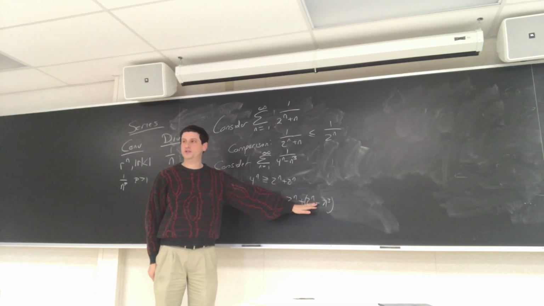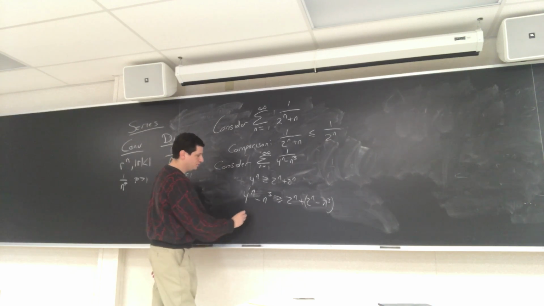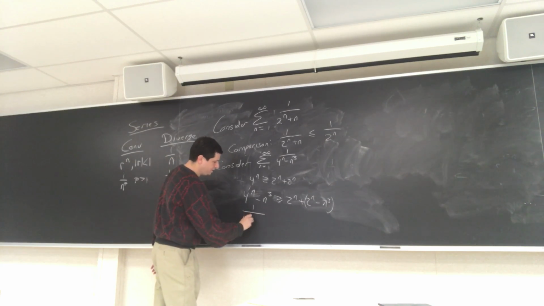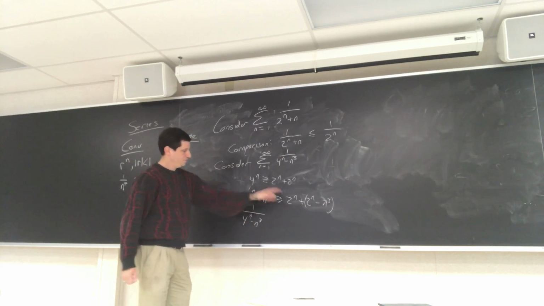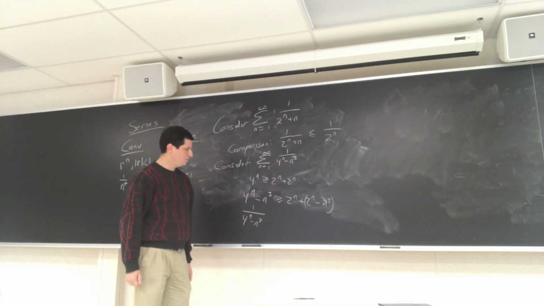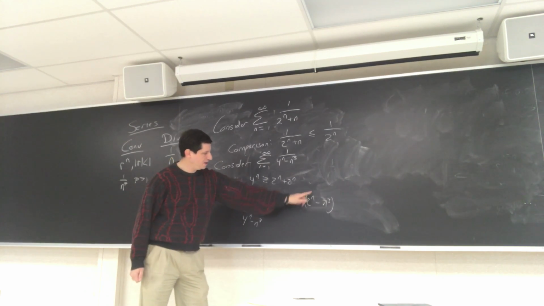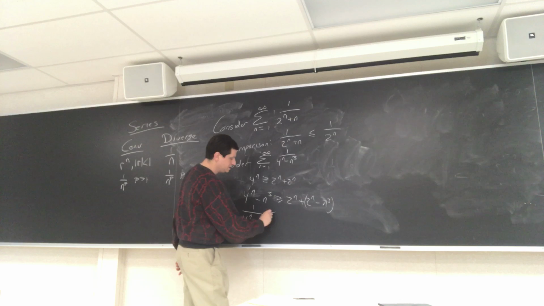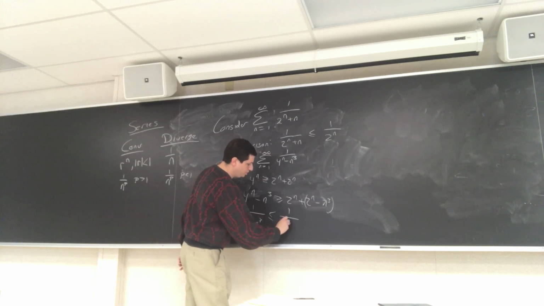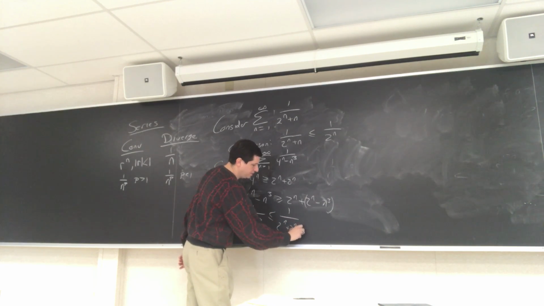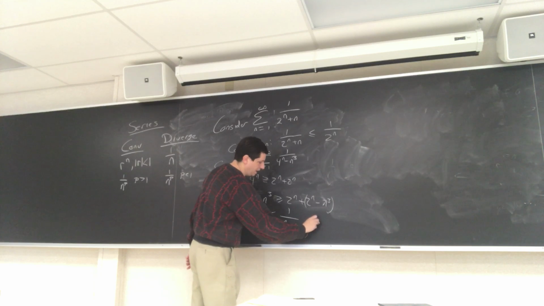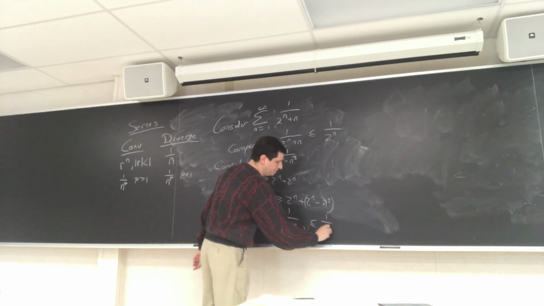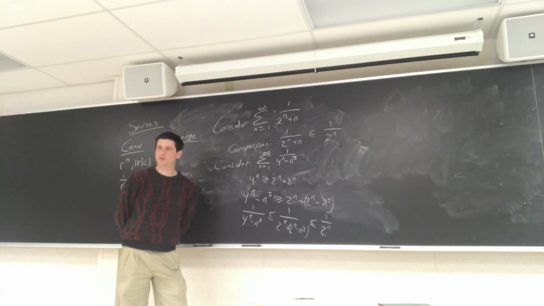So this is going to be positive. So now if I do reciprocals, 1 over 4 to the n minus n cubed, we're going to make sure we do things in the right way. If I divide by that, then that's going to be less than or equal to 1 over 2 to the n plus 2 to the n minus n cubed. And that's going to be less than or equal to 1 over 2 to the n. And that will give me convergence.